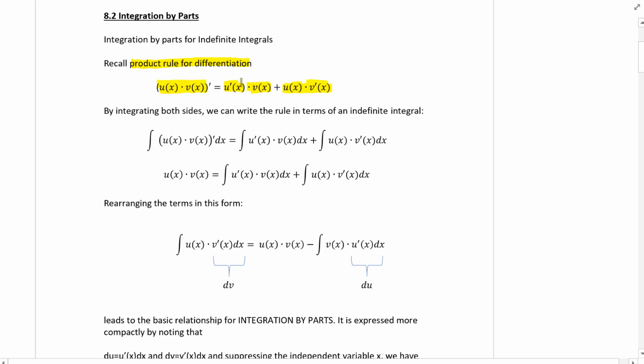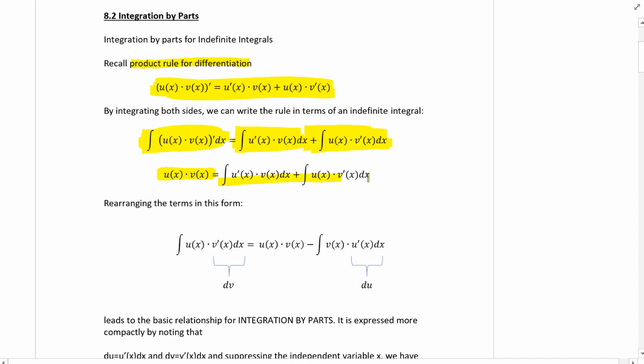Now, if we integrate both sides of this equation that I highlighted here, we're going to get the integral of u of x times v of x prime, which is actually u of x times v of x. It's the integral of u prime of x times v of x dx plus the integral of u of x times v prime of x dx.